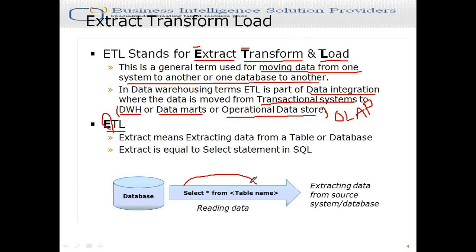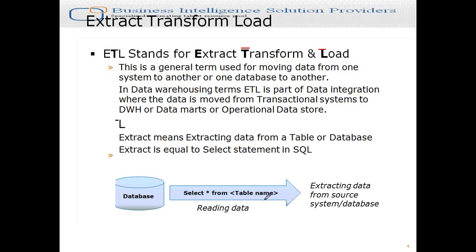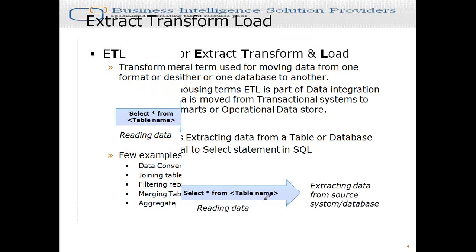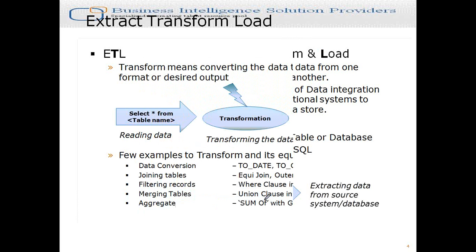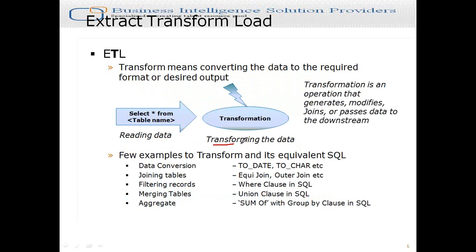Right now, in the extraction part, E, you can see simply how data is being extracted. Everybody knows this. Select star from a table will extract the data for you. Once you select that data, it will be transformed. How is it transformed? These are the examples. Let's say you want to convert a date. You can use these functions. Whatever functions you see in Informatica, most of them are from your RDBMS.